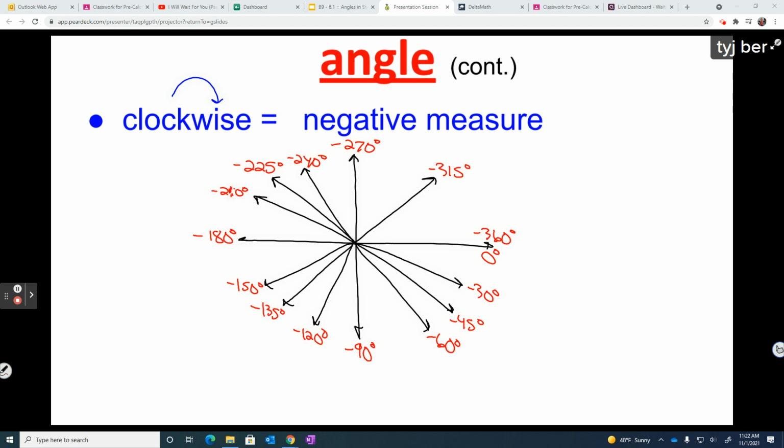Negative 270, negative 300, and negative 330. Anybody confused about how I came up with any of those? We can see the pattern going around.